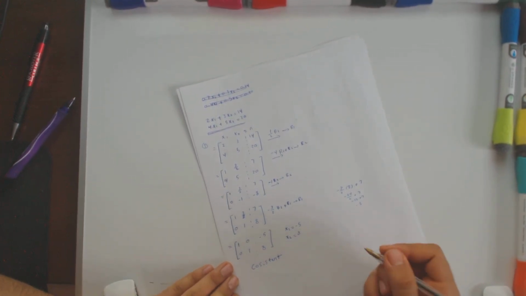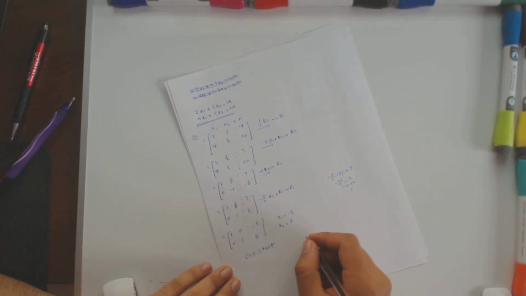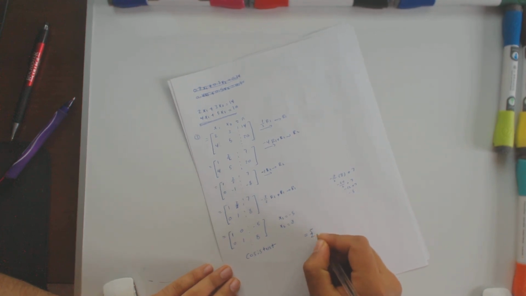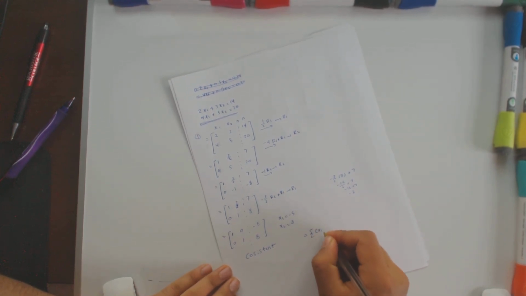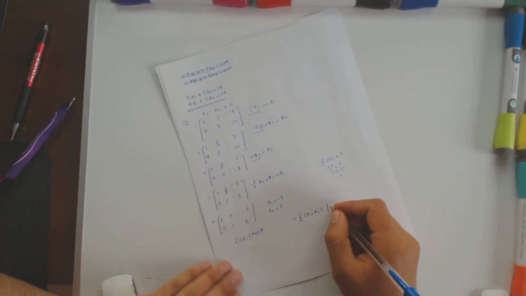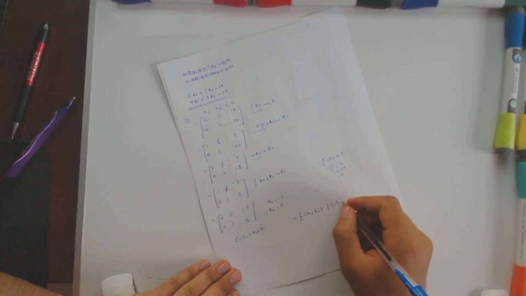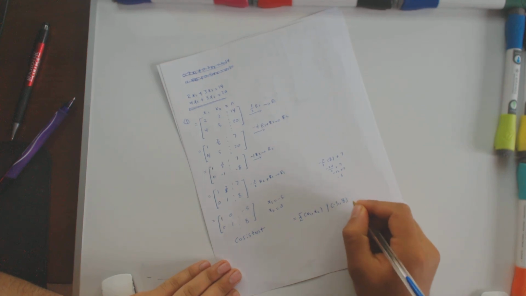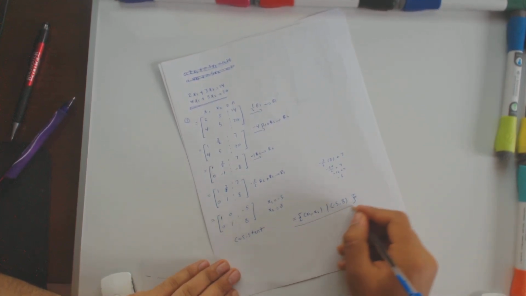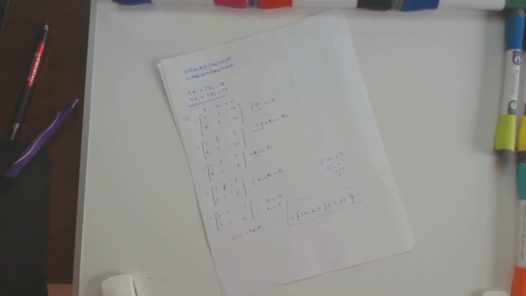And to interpret this, the solution is x1, x2 such that x1 is negative 5 and x2 is 8. And that's the solution for this problem. Thanks for watching.